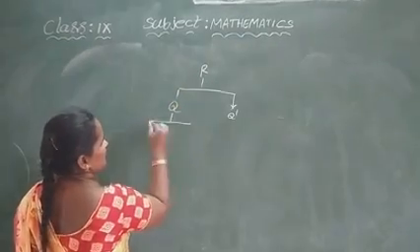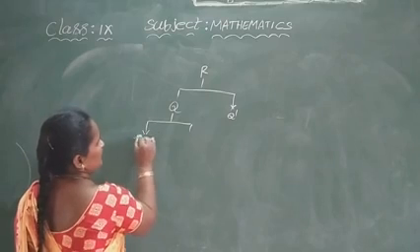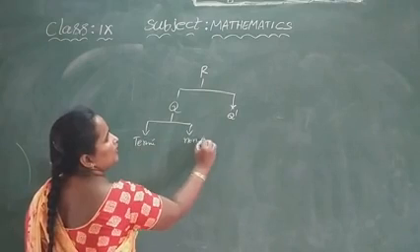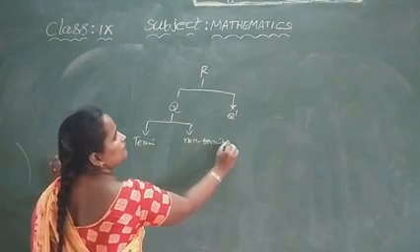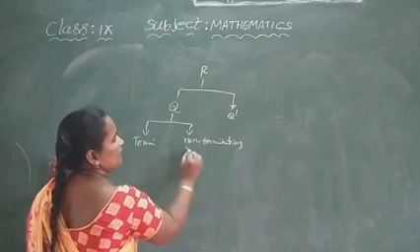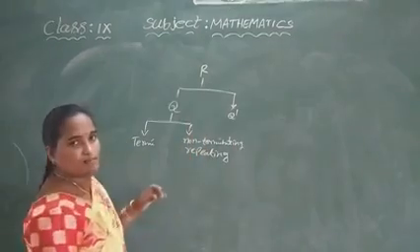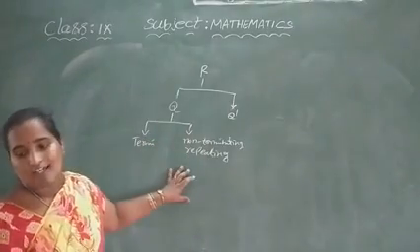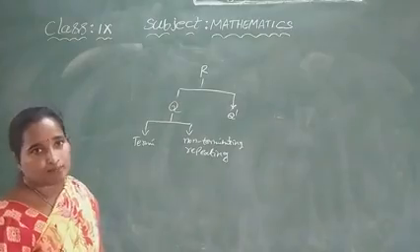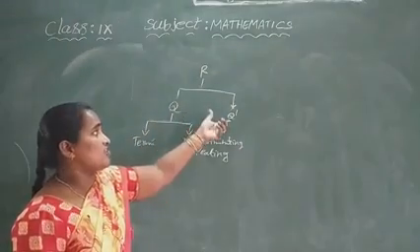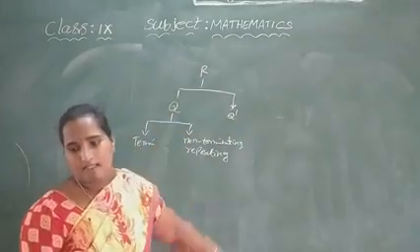In rational numbers, here also two types. One is terminating, another one is non-terminating, repeating decimal. So the union of rational and irrational numbers is called real numbers.